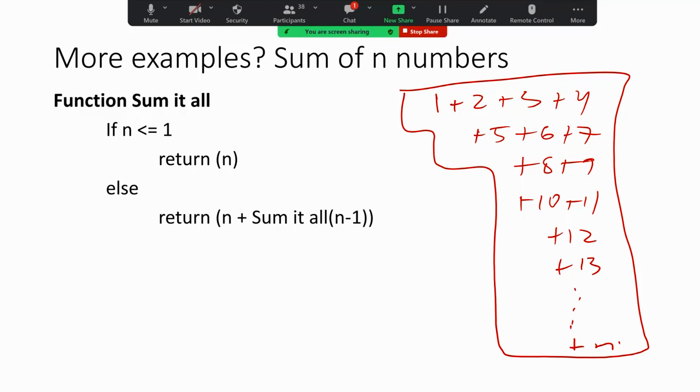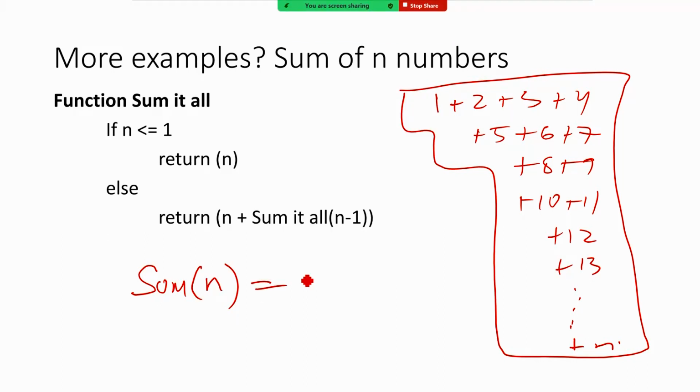I've given you the code. Looking at the code, what do you think is the mathematical recursive definition? Sum of the first n natural numbers is equal to, absolutely, n plus sum of n minus 1.